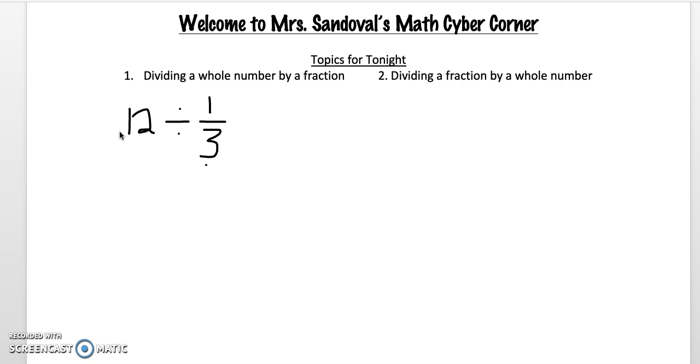So the first step is to put the whole number over a 1. So now it has become a fraction. Let's copy our first fraction, which is 12 ones. The next step after that will be to change the division problem to multiplication.